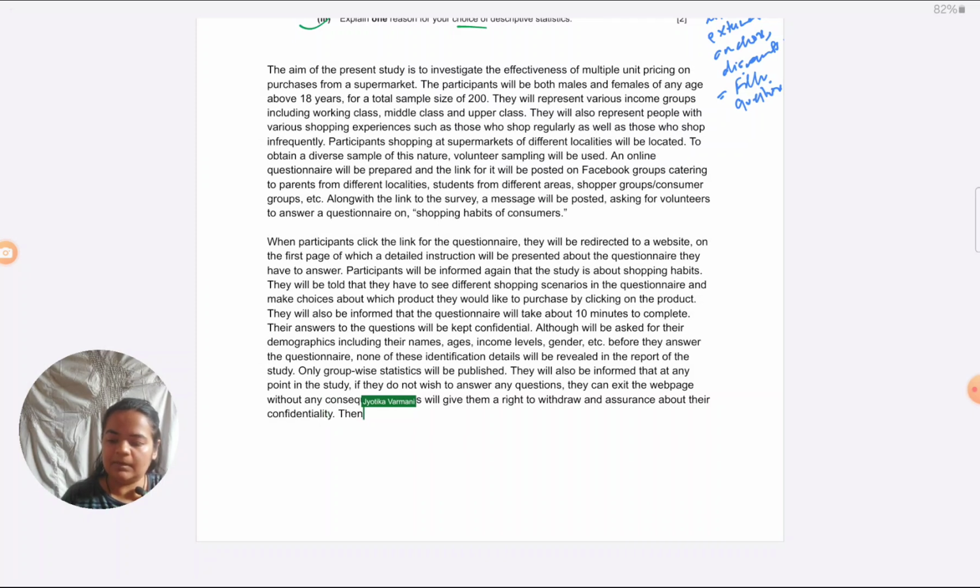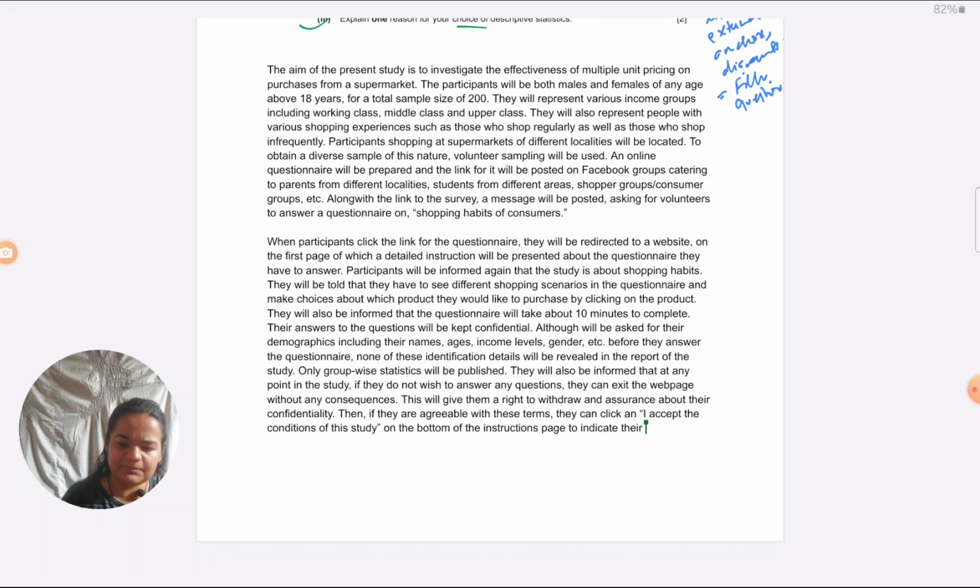Then, if they are agreeable with these terms, they can click I accept the conditions of the study on the bottom of the instructions page to indicate their written consent.